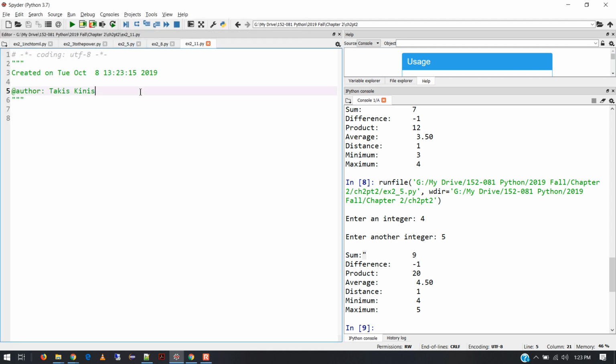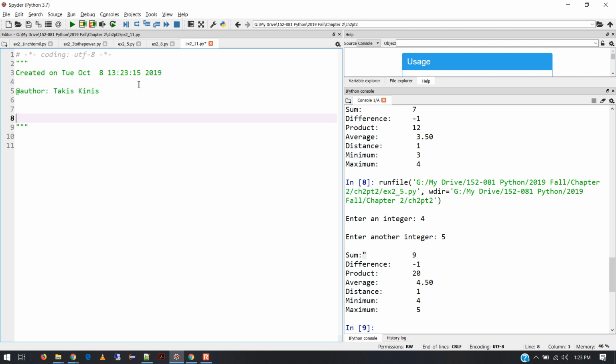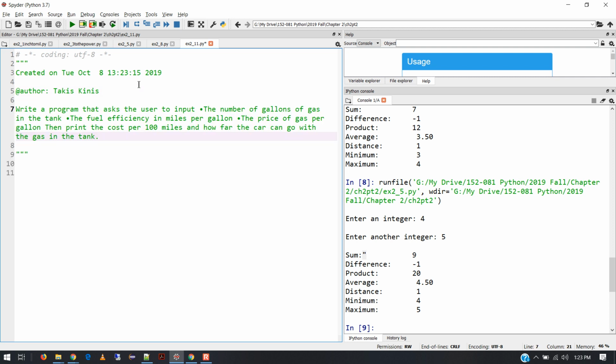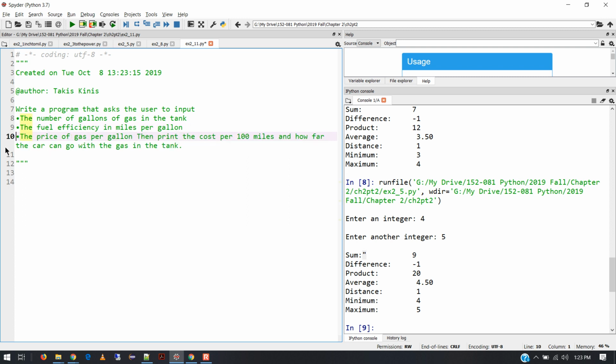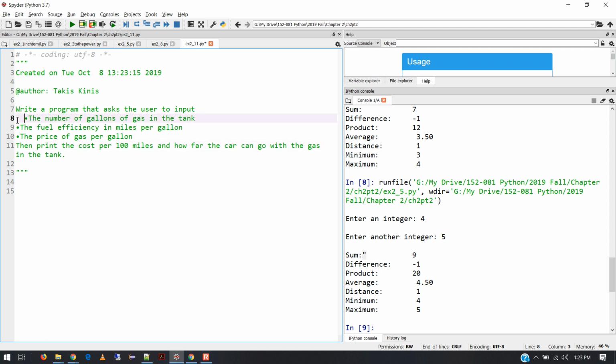And then I'm going to add the problem description up here at the top once again, so I don't have to flip back and forth to find it. And then I'm just cleaning it up a little bit so I can read it. So this is kind of what they want us to do here. Okay, write a program that asks the user to input blah, blah, blah. So the inputs are relatively simple, right?